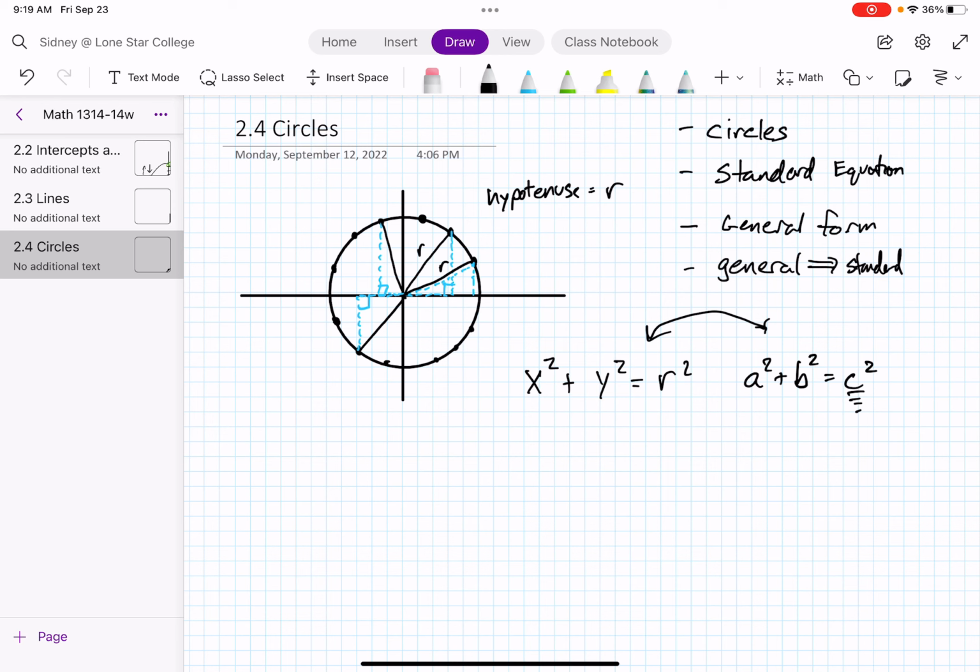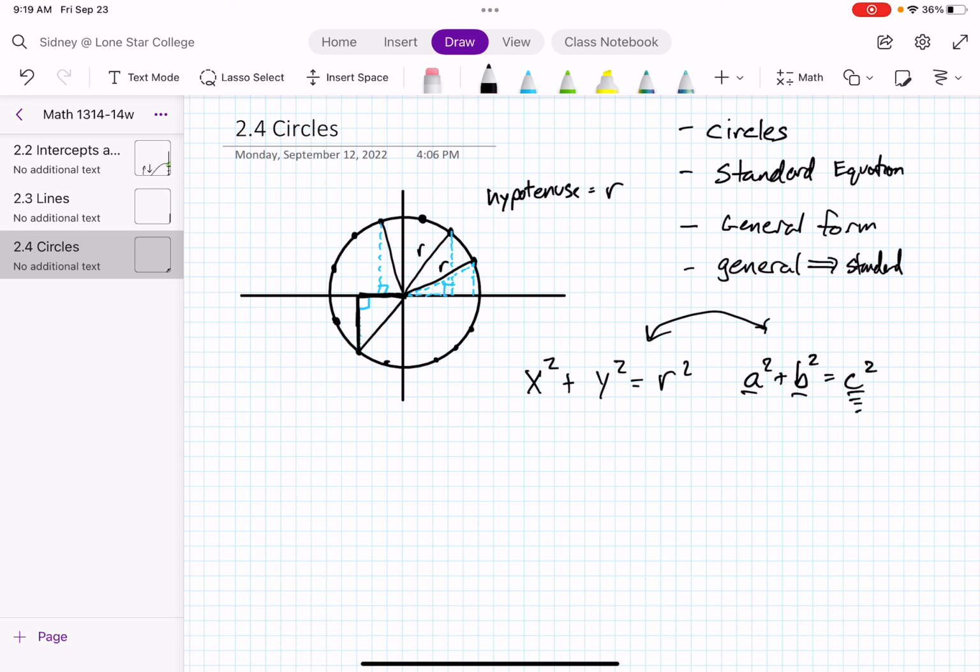And the two legs, the a and the b, are actually the points on these circles. One of the coordinates measures the horizontal component, and one of those coordinates measures the vertical component.